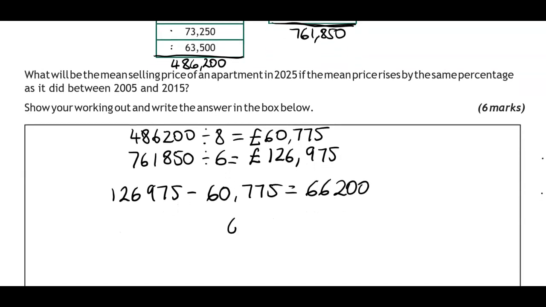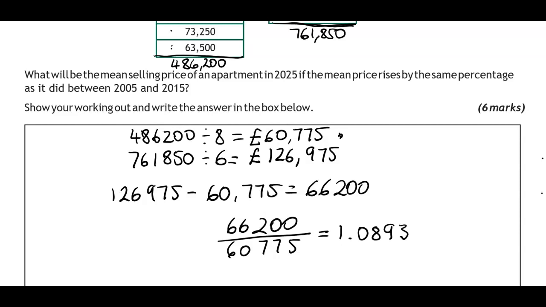So the difference divided by, or out of, the initial or original average, which was 60,775, gives us 1.0893.